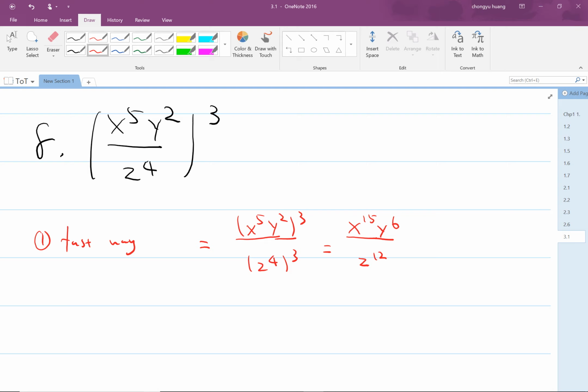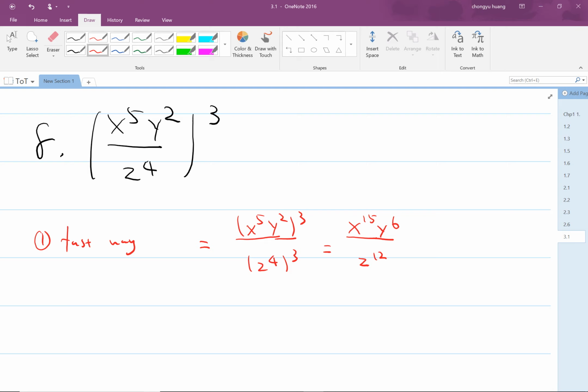I think we're done with this question, because we cannot simplify anything more, and we got 3 variables over here, x, y, z, and all of them are different. We are not able to cancel anything right now, right? So we just leave the answer as x to the power 15, y to the power 6 over z to the power 12, right?